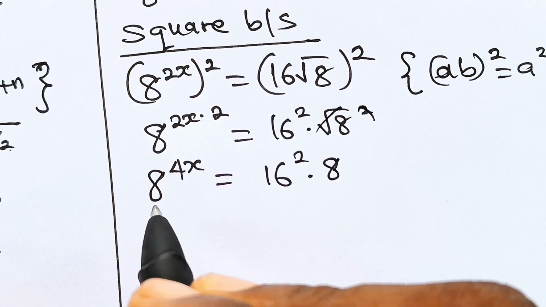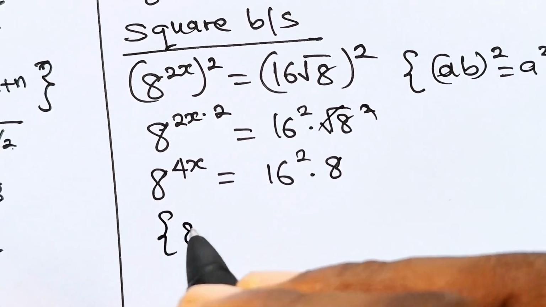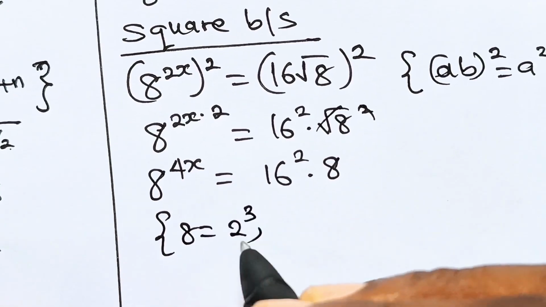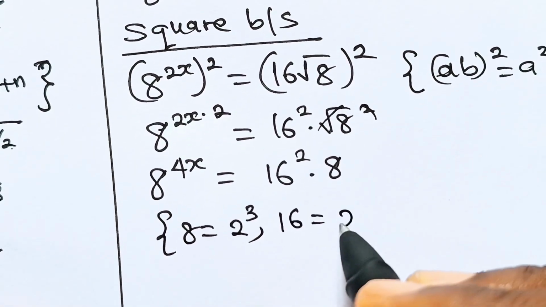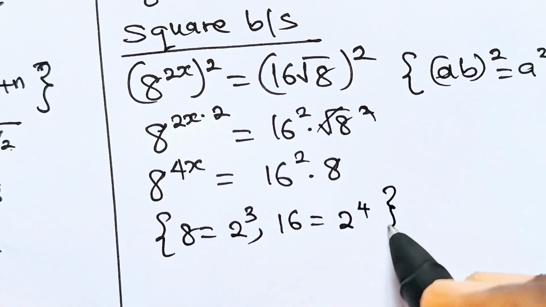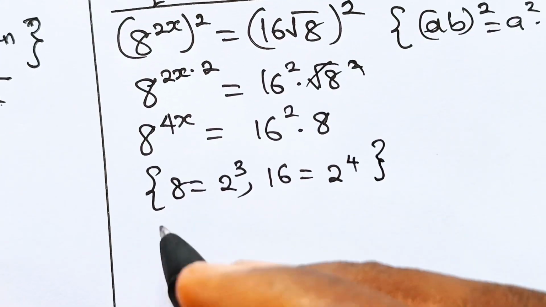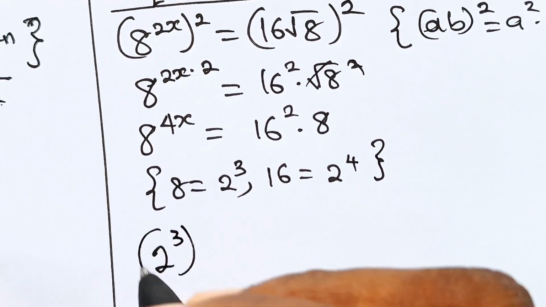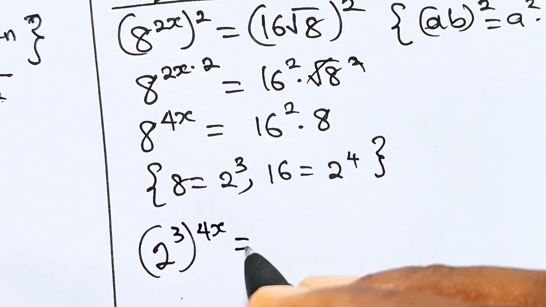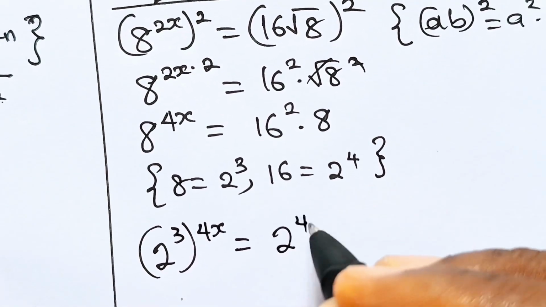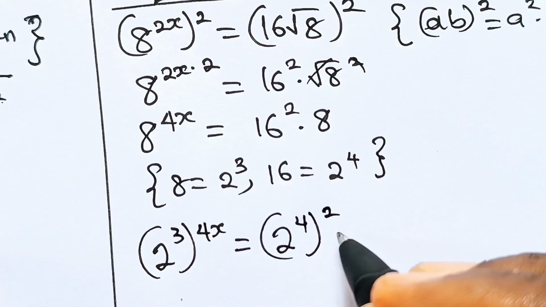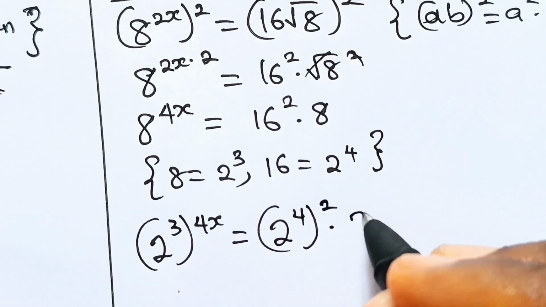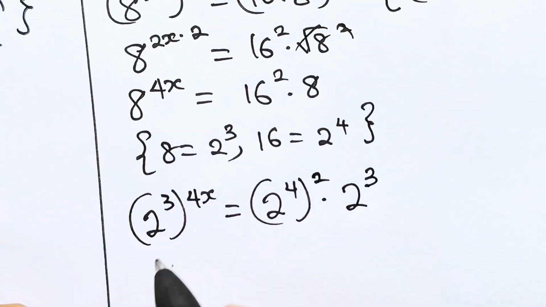Now remember that 8 is 2 to the power of 3 and 16 is 2 to the power of 4. So we have 2 to the power of 3 raised to the power of 4x is equal to 2 to the power of 4 raised to the power of 2 multiplied by 2 to the power of 3.